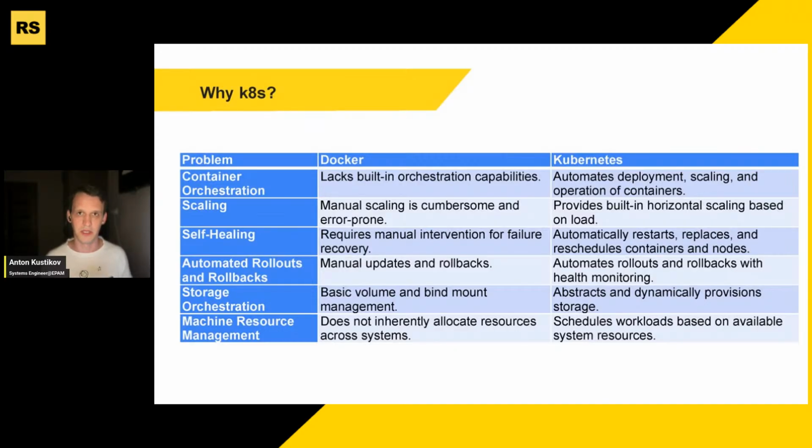Also, cool thing about Kubernetes is that it supports lots of storage orchestration tools. So if you are talking about cloud providers, Kubernetes has an API which gives us an option to create an NFS share, for example. And it's so convenient.